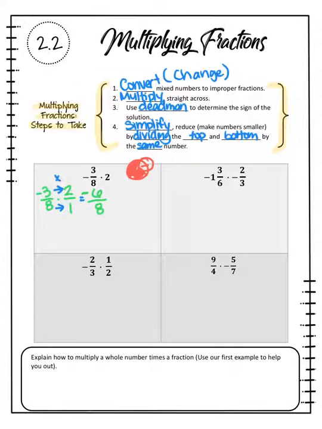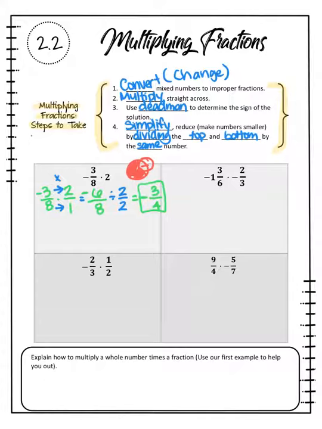So we are actually going to divide both top and bottom by 2, because when I divide it by 2, it gives us that nice whole number. 6 divided by 2 is going to give us 3, and 8 divided by 2 is going to give us 4, and I'm not forgetting my negative. And we are actually done because this is our simplest form. Our numbers will get no smaller than that. There's no number that goes into both 3 and 4 other than 1.